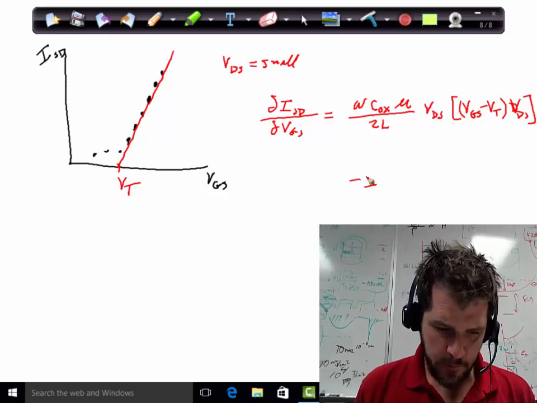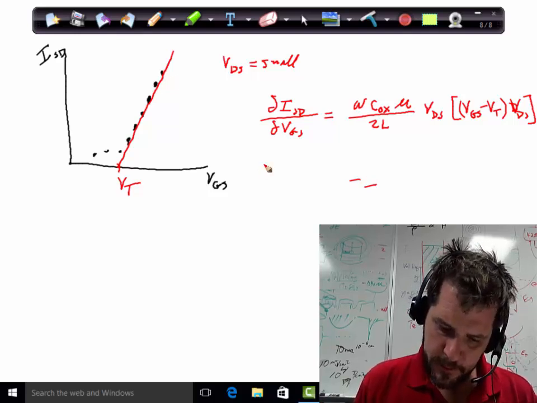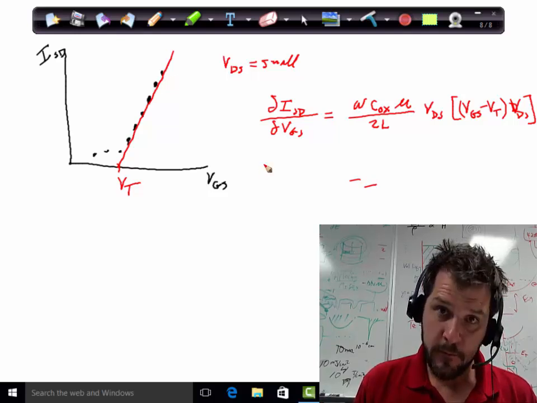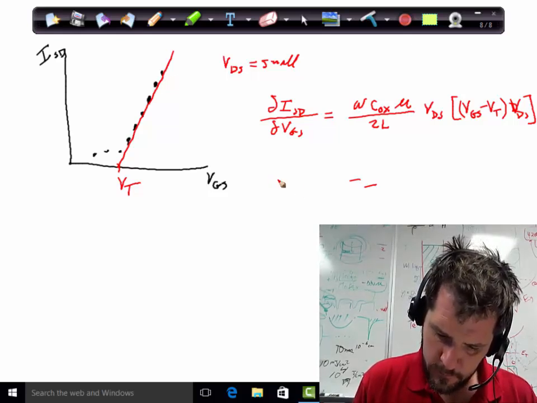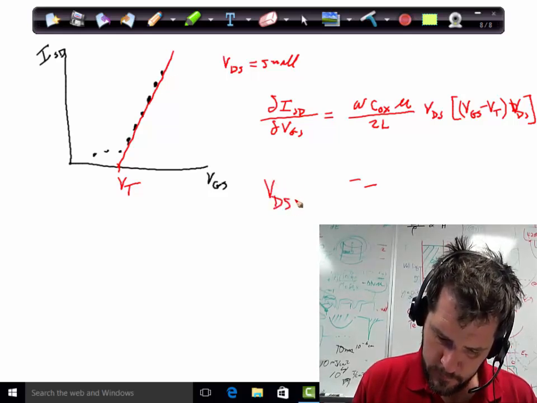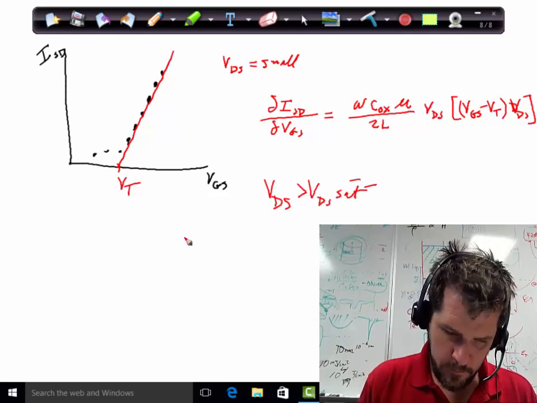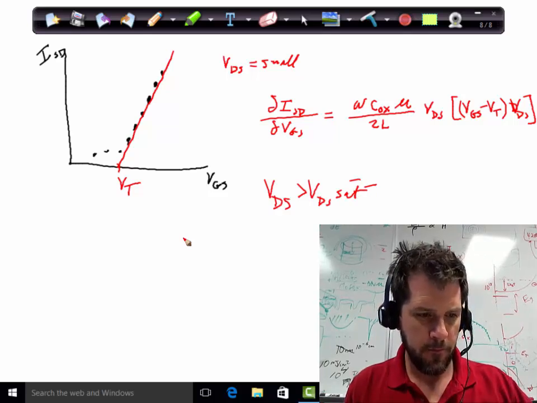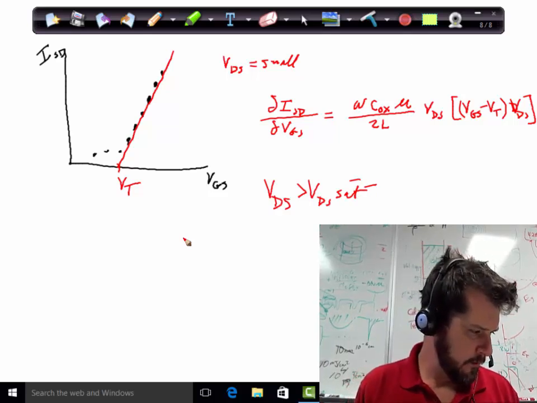Okay, so in the saturation regime, the current depends slightly differently. So VDS greater than VDS sat. You end up plotting the square root of the current.